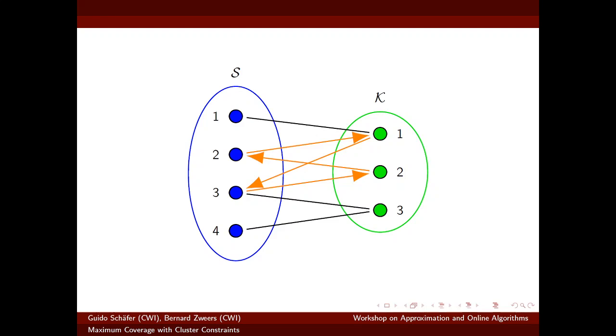That means that the total amount of x for set 2, for instance, that is covered is not changed, because it is just assigned more to knapsack 1 and less to knapsack 2.